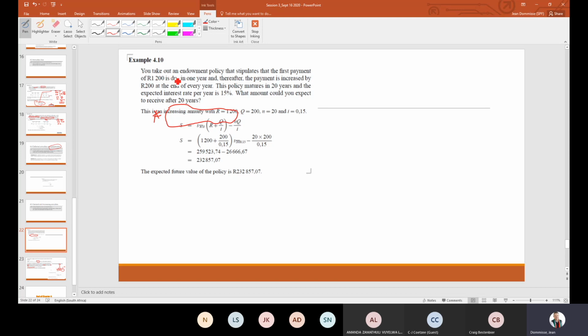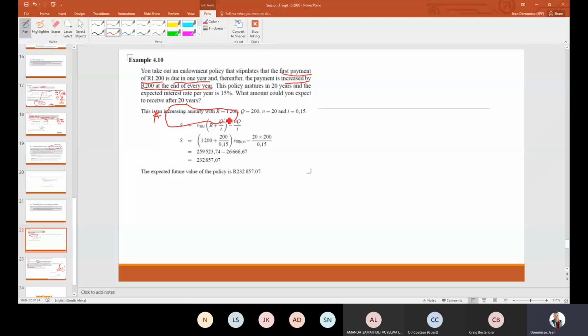So you take out an endowment policy that stipulates that the first payment of 1,200 is due in 1 year, and thereafter the payment increases by 200 rand each year. Okay, so that is where the extra 200 rand comes in.